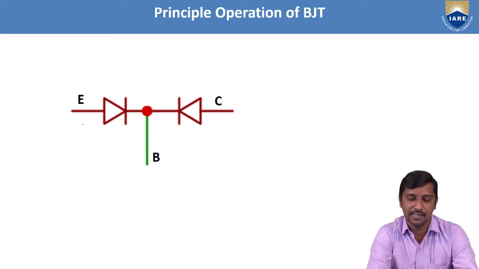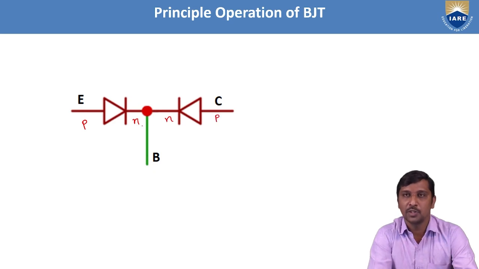And we know which type of material this is. This is P-type material, and this is N. Again, this is N, and this side is P. These two N materials are connected, shorted, hence they form one N-type material.